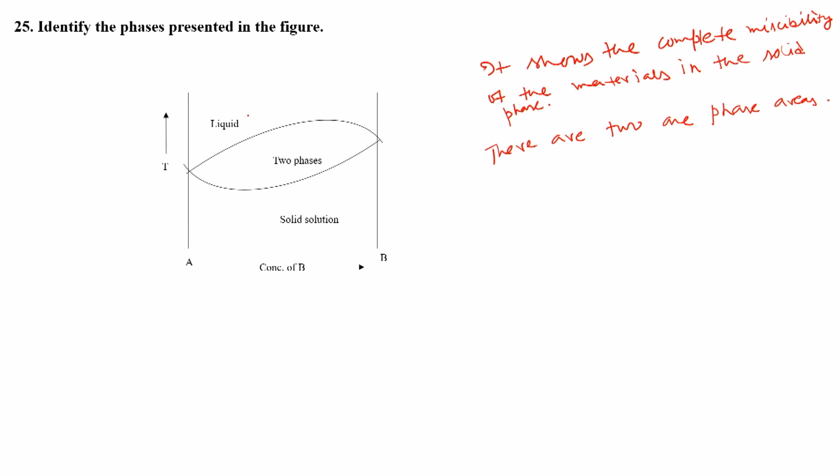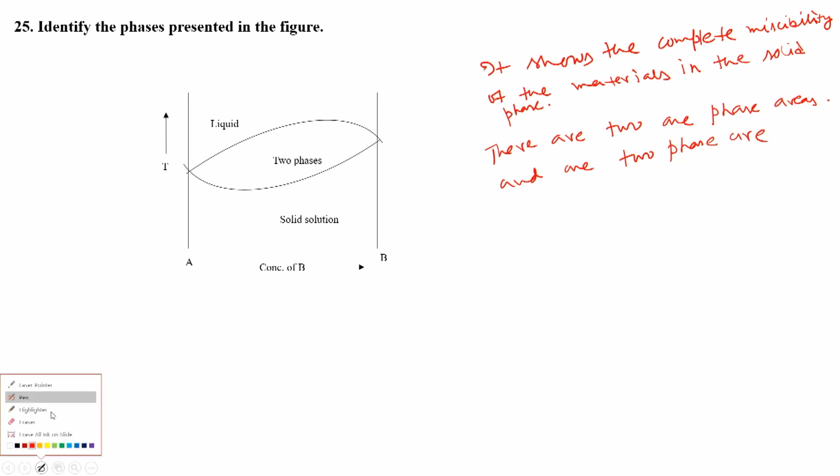This is quite obvious: the liquid region and the solid solution region, and one two-phase region, or two-phase area. So these are the regions, the liquid region and the solid solution. These are the one-phase regions, and this is the two-phase region here.